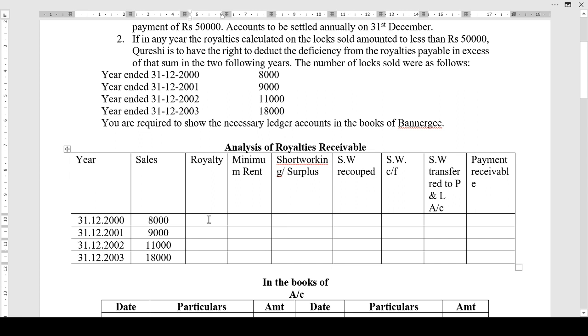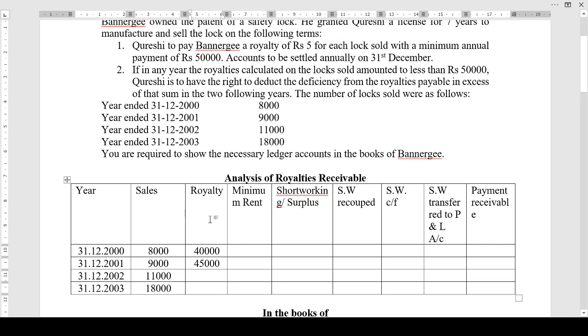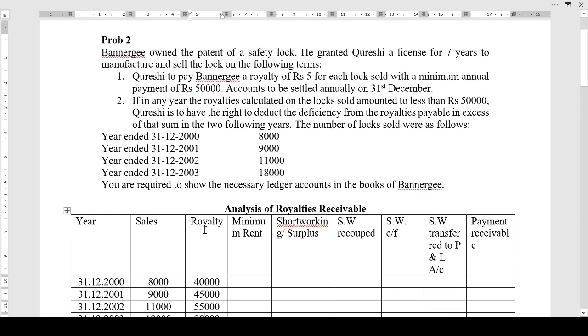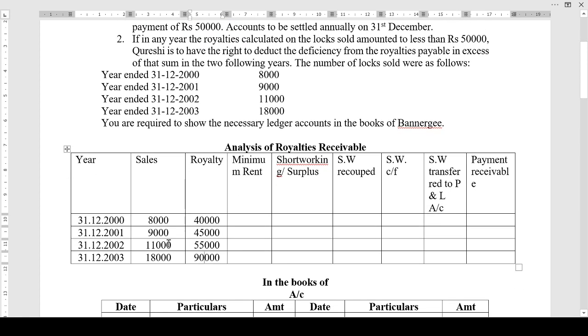So here you get 40,000, 45,000, 55,000. 5 into 18 is how much? 90. How do I get this? Royalty per unit into the sales. So royalty here is 5. Yesterday's problem it was 1. So it was the same with the same figures here.